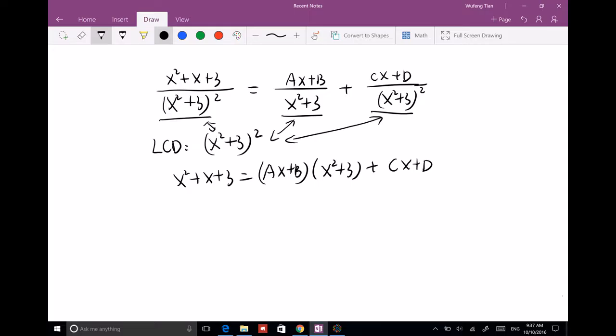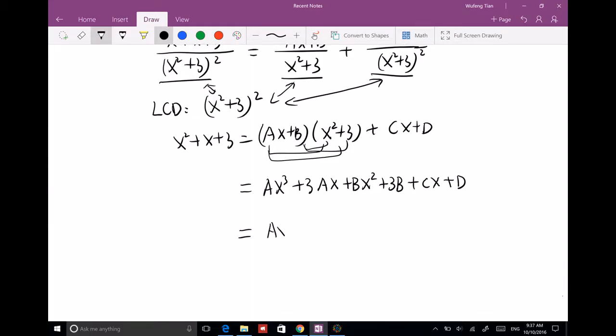Yes, we can use special numbers, like x equals 0, x equals 1, x equals 2. You're going to solve a linear equation system instead of one equation, okay? But this is a very good idea. You FOIL it out, okay? You FOIL it out. You got ax. Could you please continue? ax cubed plus 3ax plus bx squared plus 3b plus cx plus d. That's perfect. So what's next?